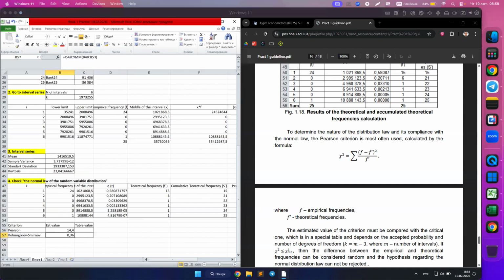For the table value, we can find this table value for Pearson and Kolmogorov-Smirnov.